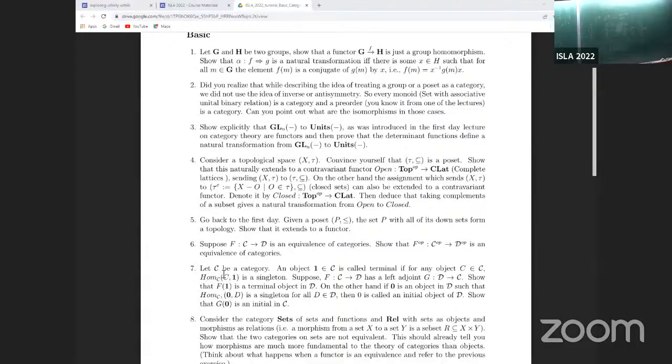So if you have an equivalence of two categories, then the adjunction also should occur. An equivalence is a particular example of adjunction.